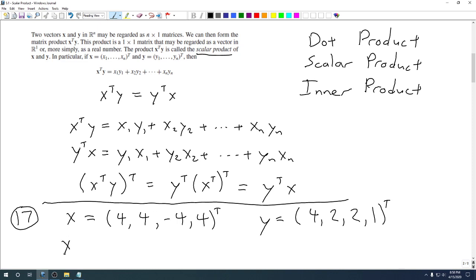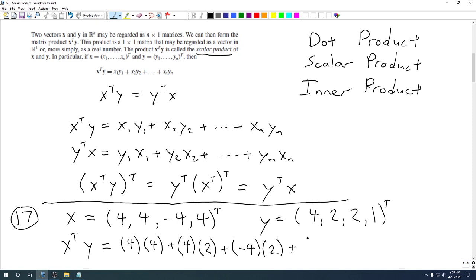We can take the scalar product of x and y. All we need to do is take this 4 and multiply it by this 4, both of our first elements. Now we look at our second one: we have a 4, and now a 2 over here. These are multiplied. Now we take this negative 4 times this 2.